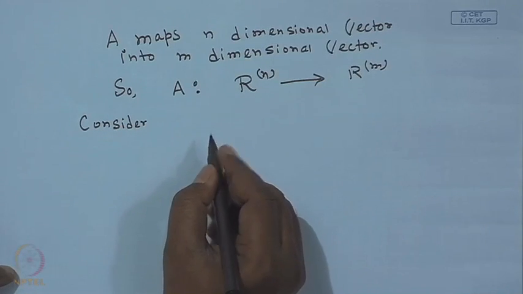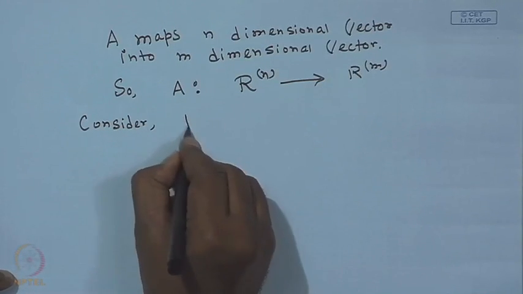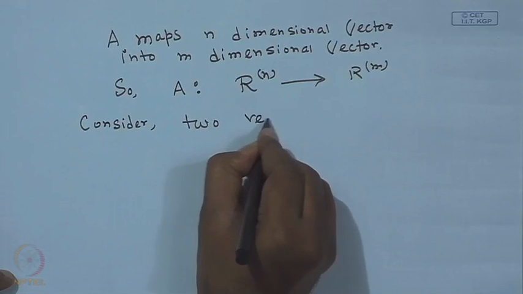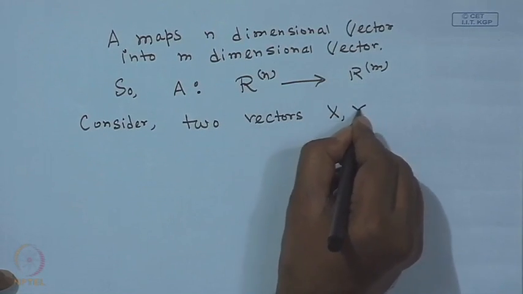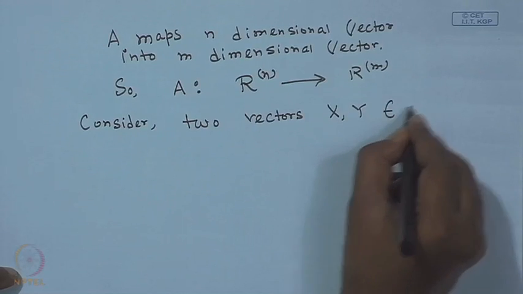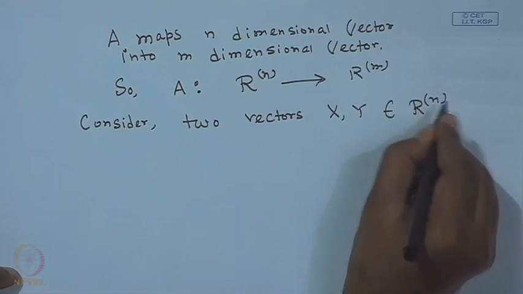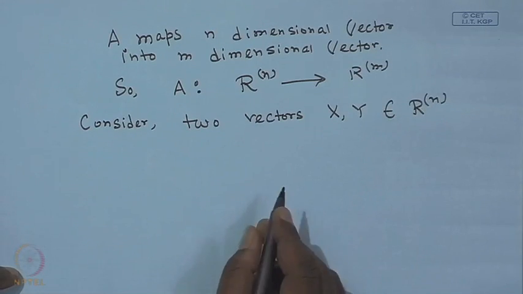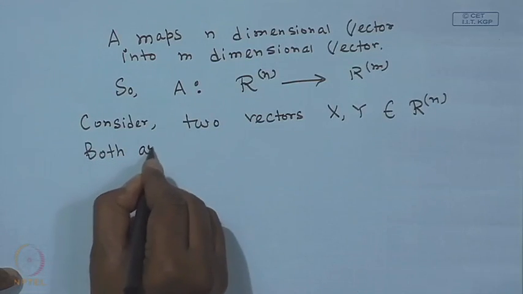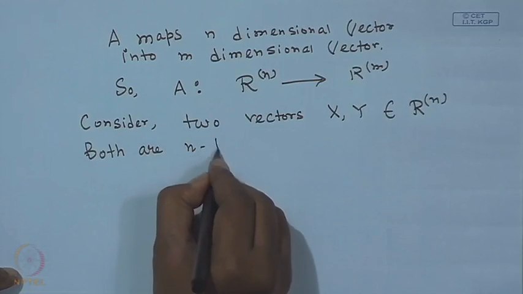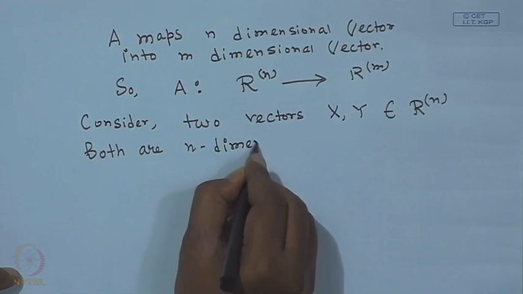Okay. So, consider another property of the vectors. Consider the two vectors x and y, both belong to n dimensional real space. So, both are n dimensional vectors.